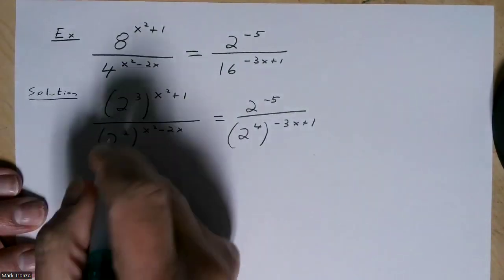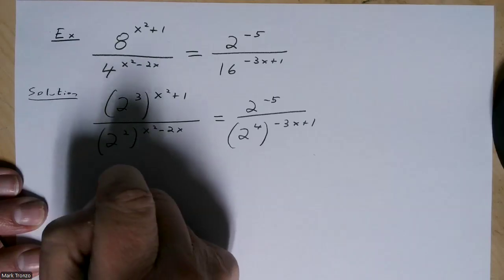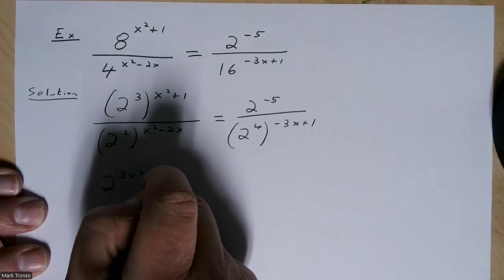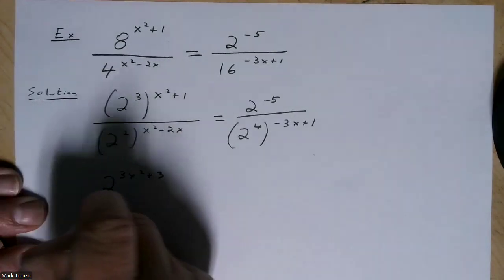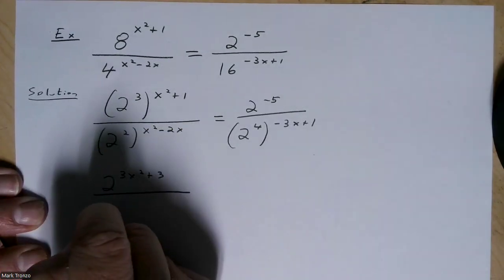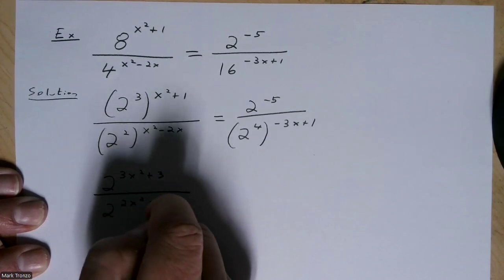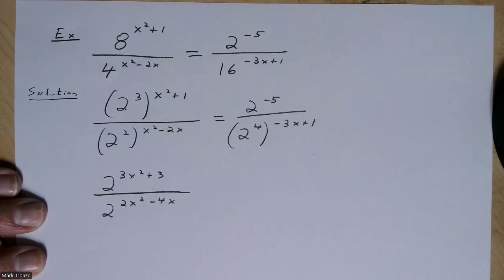Again, let's multiply through. This is 2 to the 3x squared plus 3. And the denominator, 2 to the 2x squared minus 4x.